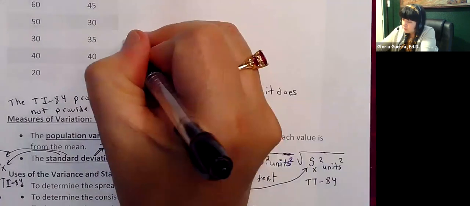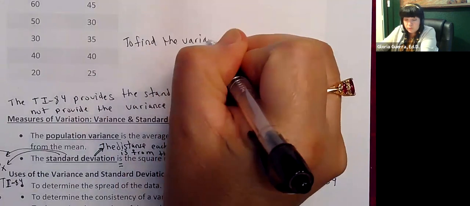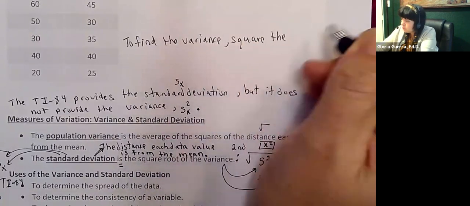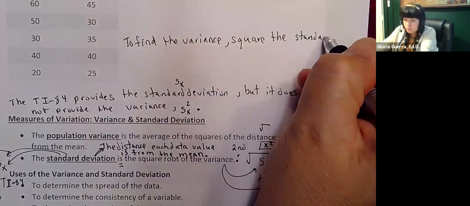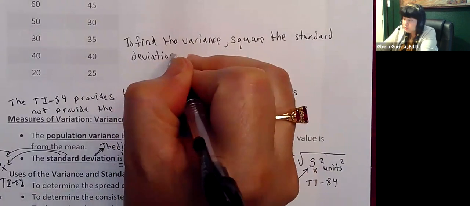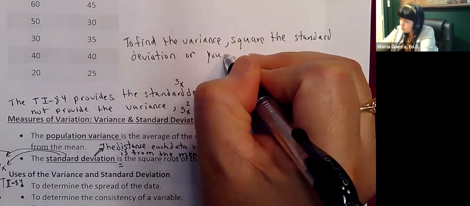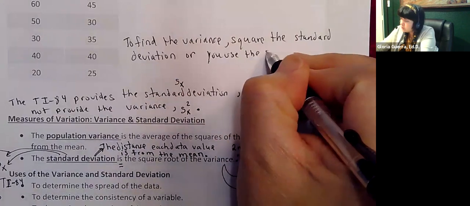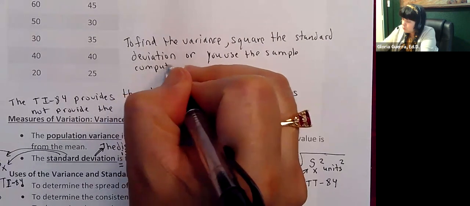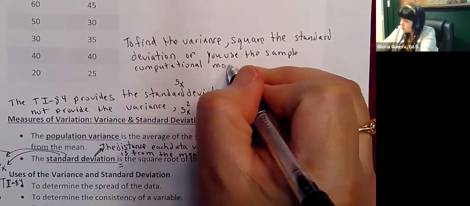So let me write that down. To find the variance, you would square the standard deviation, or you use the sample computational model.